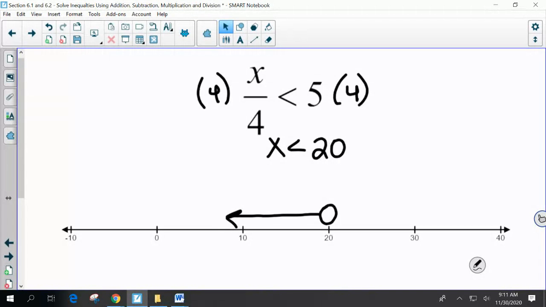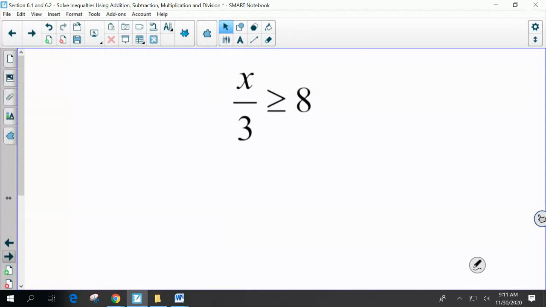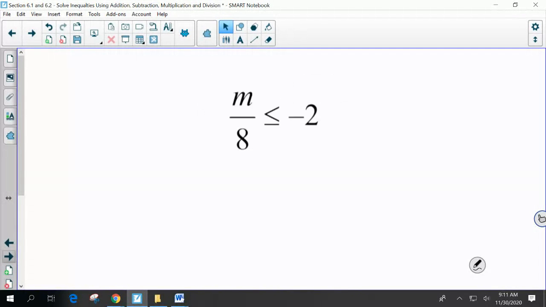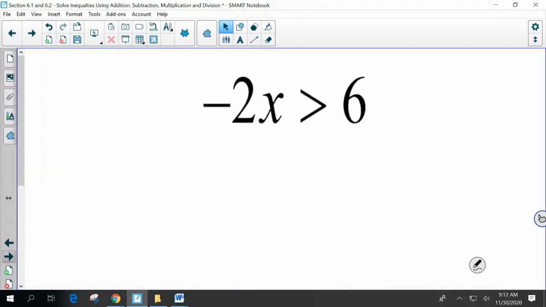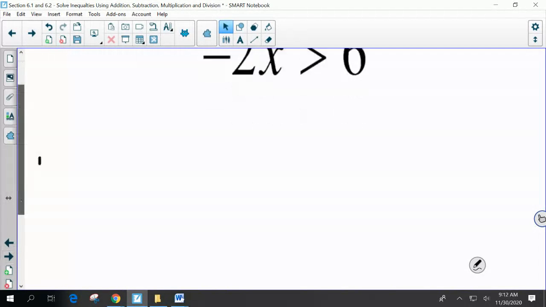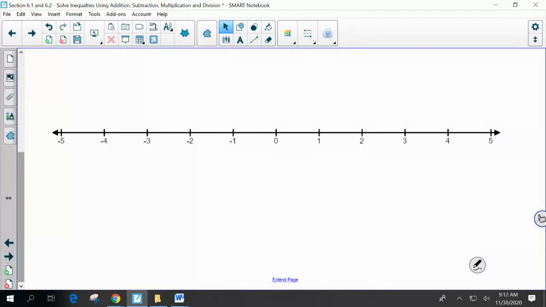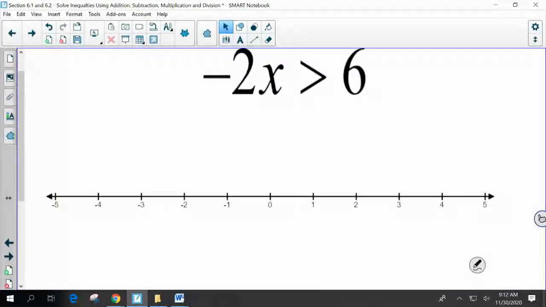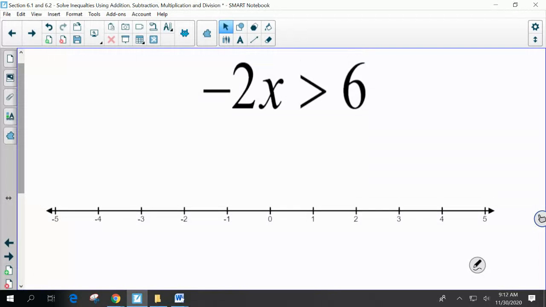Okay, so we are going to skip this one. What would I do here? Divide by 3. Okay, now we are going to also skip this one. We're going to go to this one. So find that on your paper. Negative 2x is greater than 6.